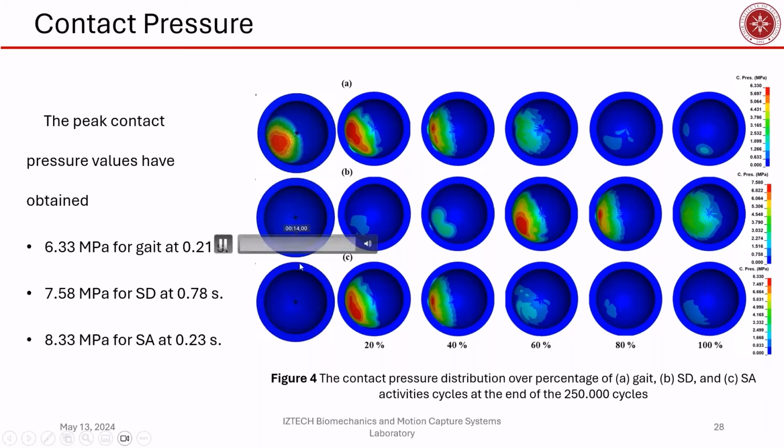The peak contact pressure values were obtained as 6.32 megapascal for the gait, while the peak contact pressure is 7.58 megapascal for stair descending and 8.33 megapascal for stair ascending activity.